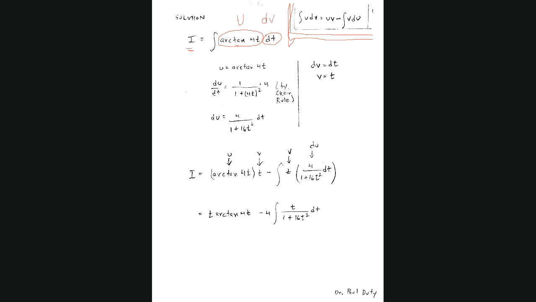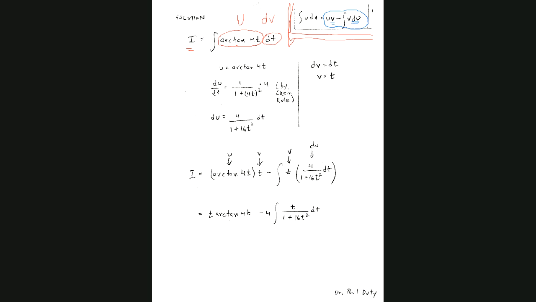So if I'm going to apply the formula, I need to work out the right side. I know what u and dv are, but I need to find out what du is, and I need to find out what v is in order to complete the formula.